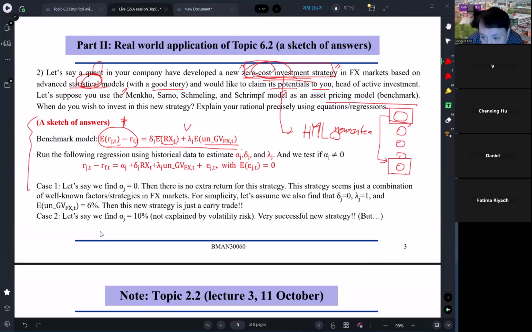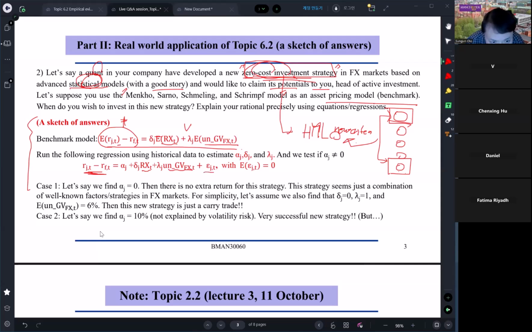You get the historical value of this, and you put that on the left-hand side, excess return. Then you collect RX_T, the return mimicking factor for global volatility, and you run the regression.